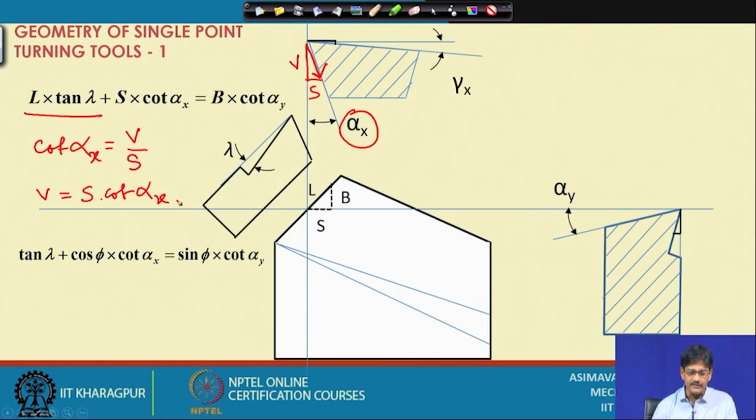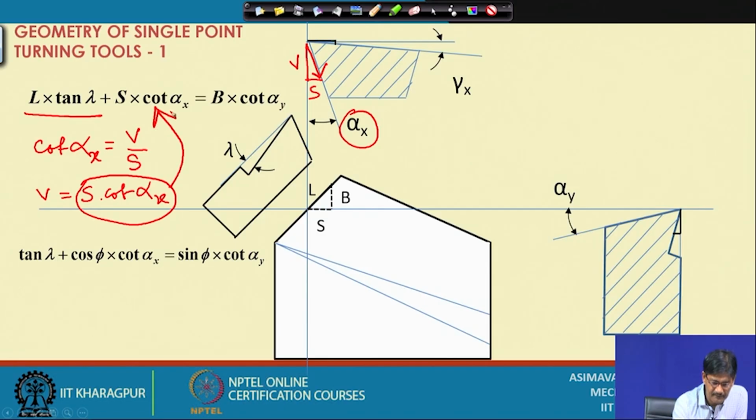Once we establish this, we can easily express the vertical distance this way, and that is what we have done.